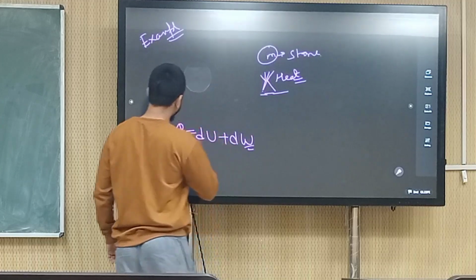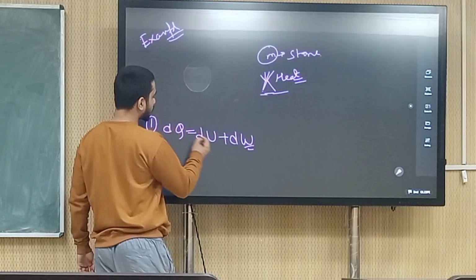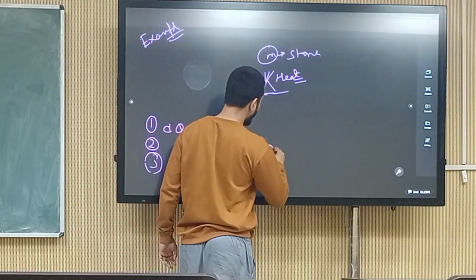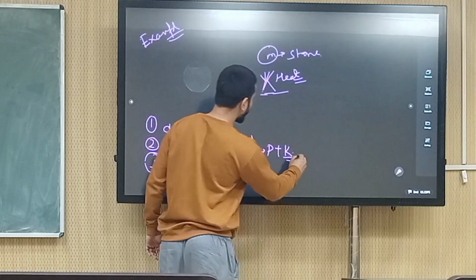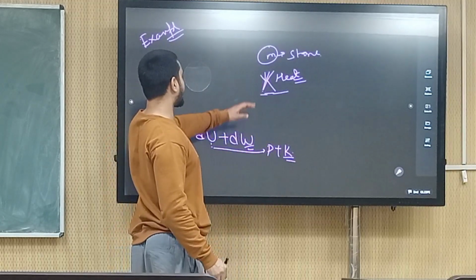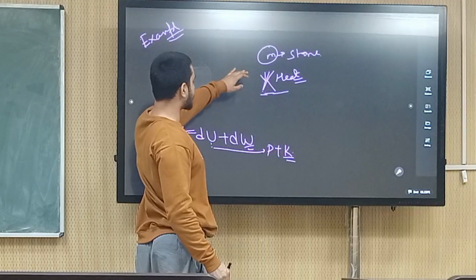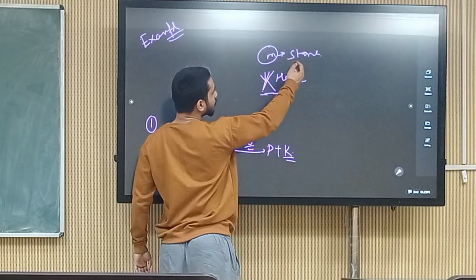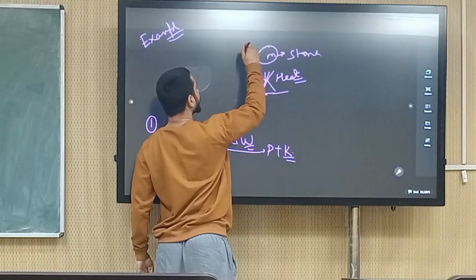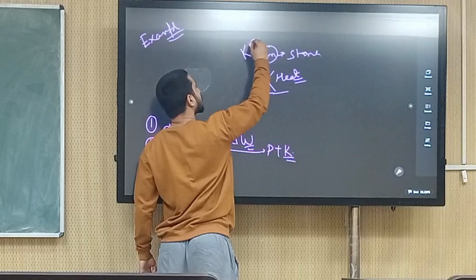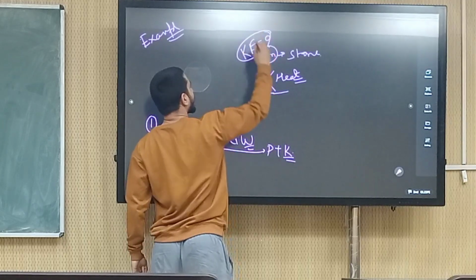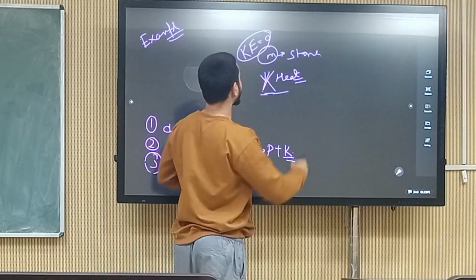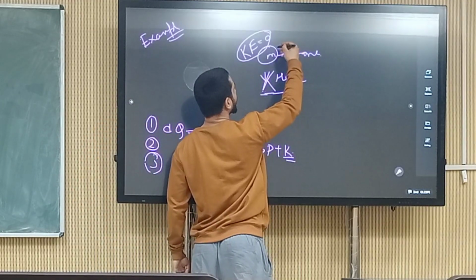From the first law we learned that dq is equal to du plus dw. Whatever heat we give is equal to the internal energy change plus some work done. Internal energy is potential energy plus kinetic energy. Suppose we have given heat and some internal energy change was there, and some kinetic energy change was there. If we supply heat, the kinetic energy of the stone will not increase. Kinetic energy will be equal to 0 only.